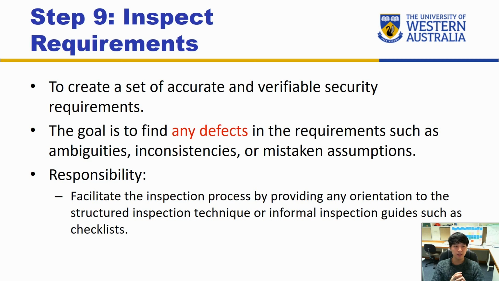Okay? So by the end of step 9, what you have produced is not the software, but security requirements. Those are the requirements that you're going to be using as part of your software development process.